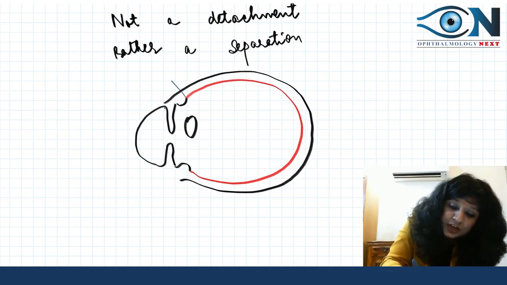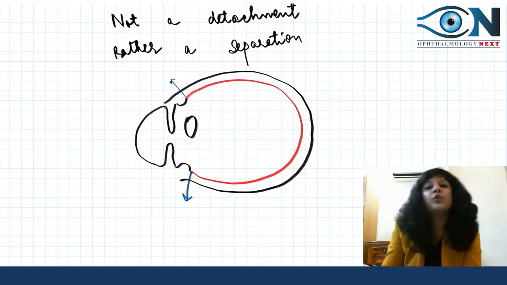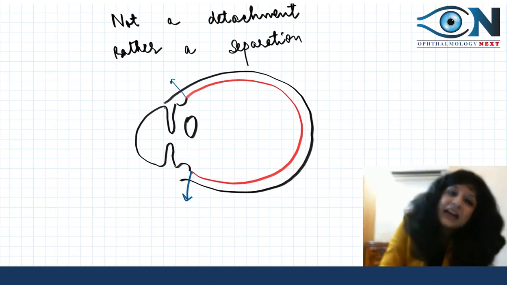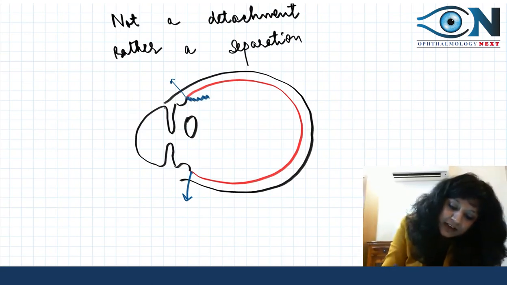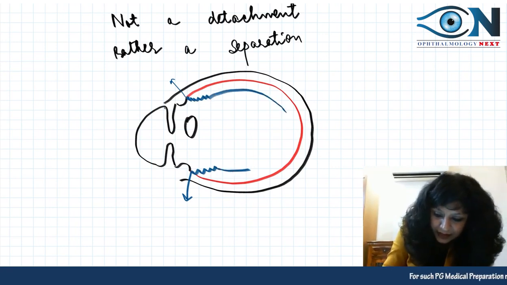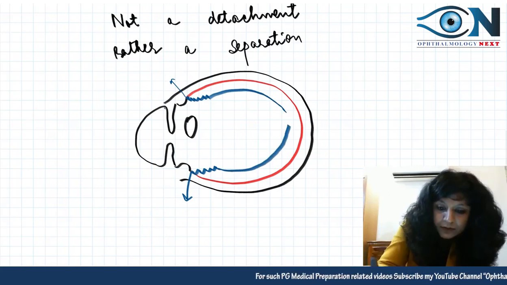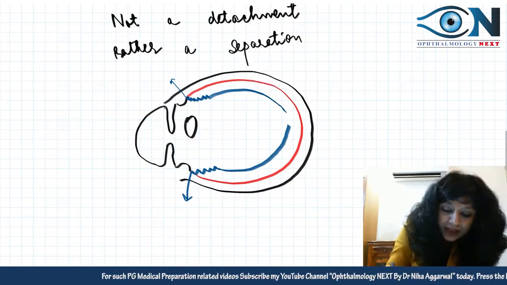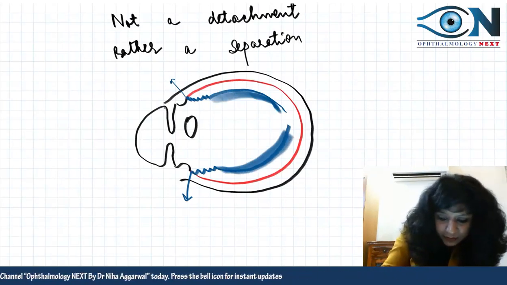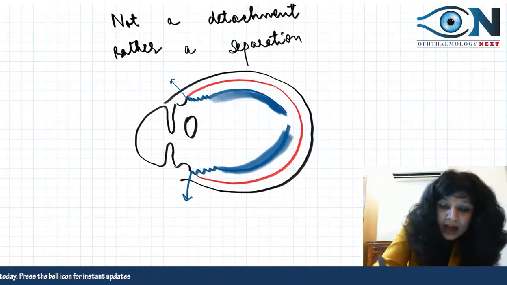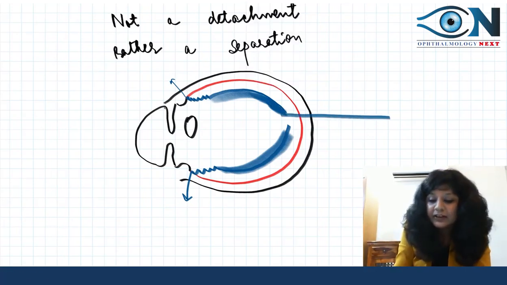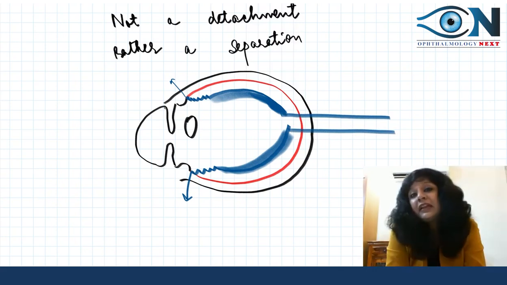At the junction of the ciliary body and the choroid, we have the starting of the retina, which is uneven, like this, and then it goes backward like this. I will draw the thicker one, because we know that there are 10 layers of the retina, and out of these 10 layers, only one layer continues to form the optic nerve.